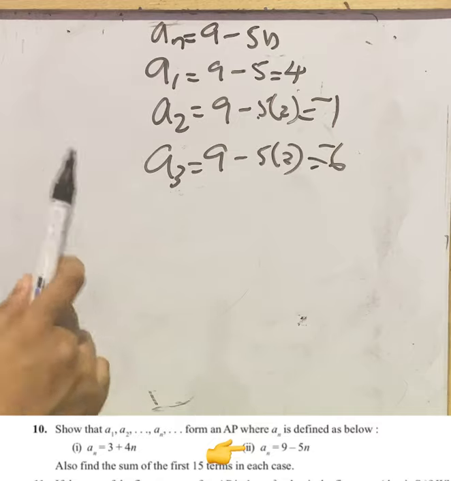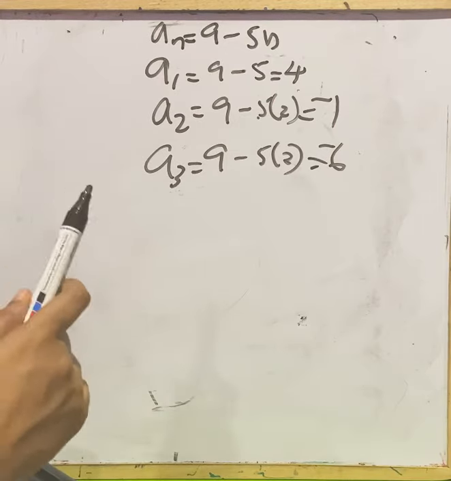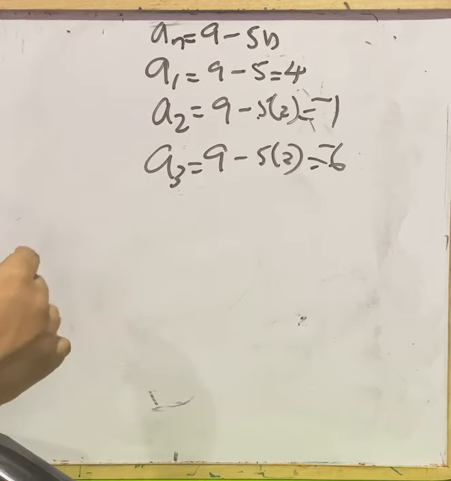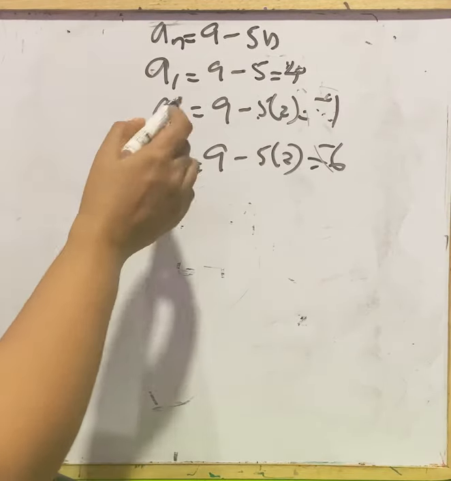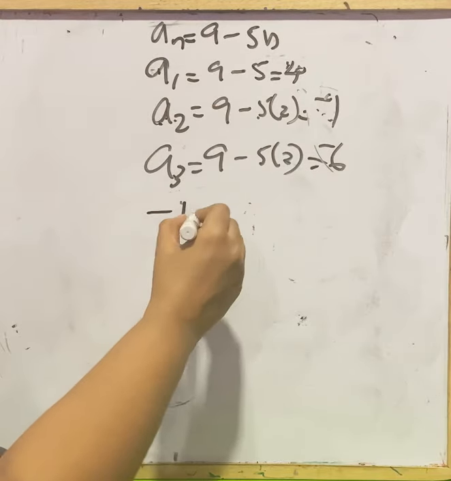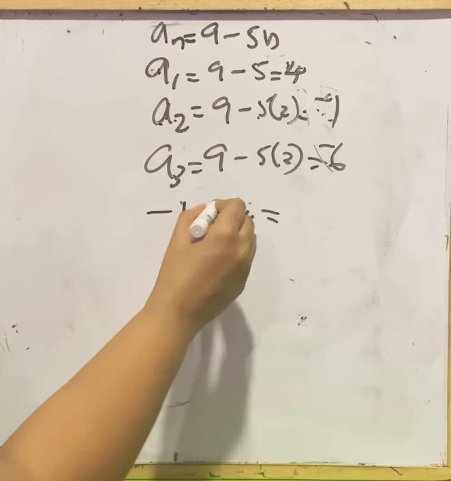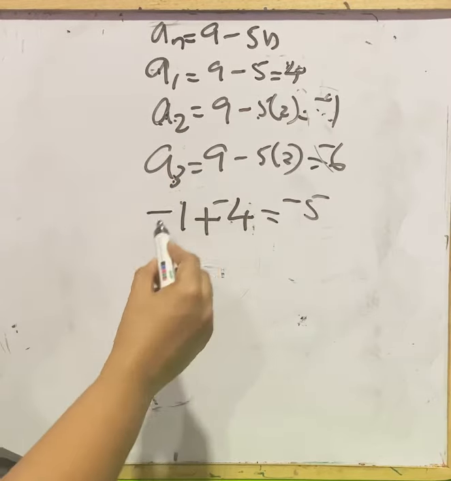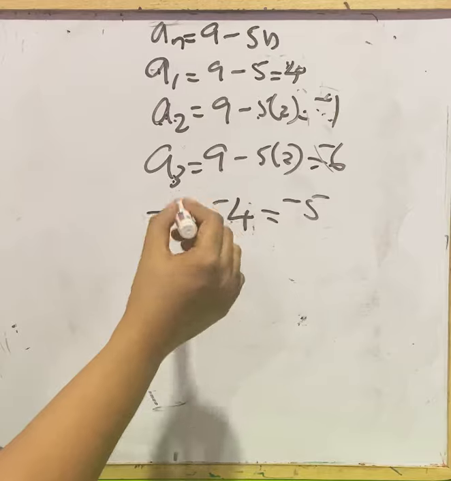Now we will check the difference and verify whether it is a common difference or not. That is, here and here the differences are same or not. To check the difference, this is second term, this is first term. Second term minus first term. This becomes minus 5. Now next, third term minus second term. We will check whether we will get negative 5 again.